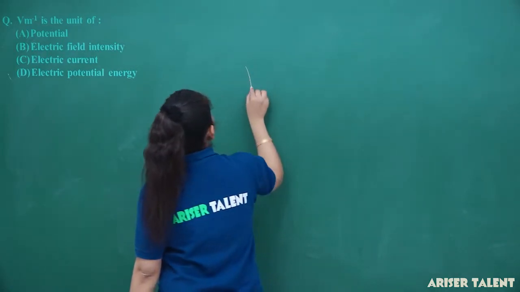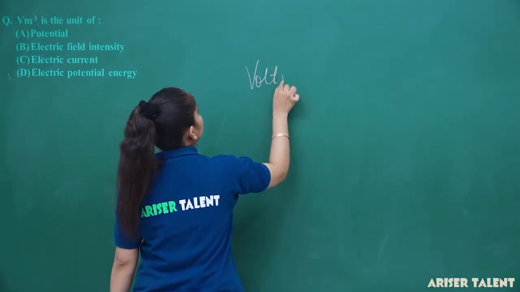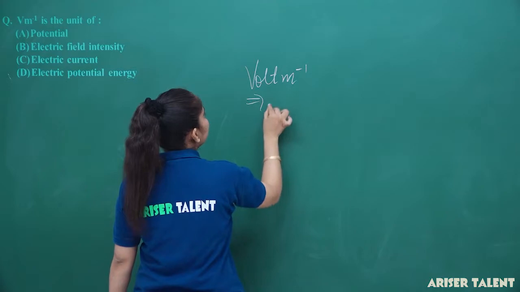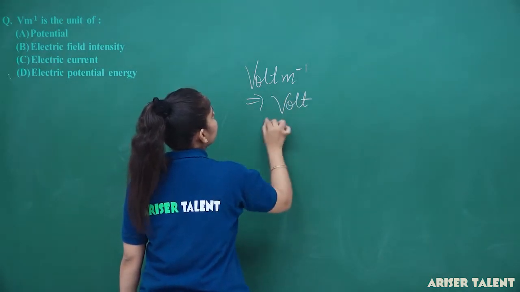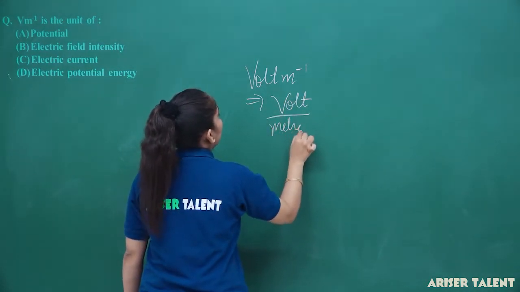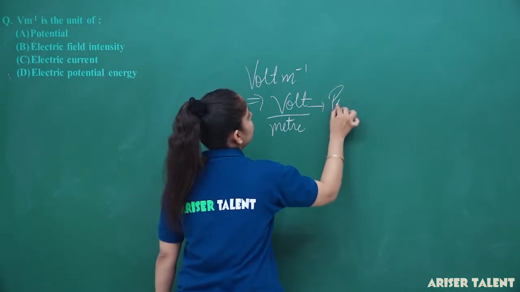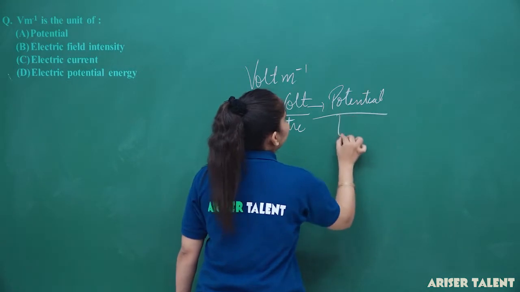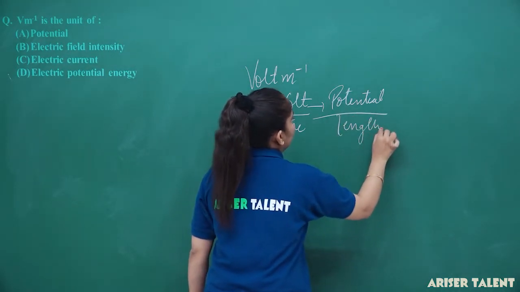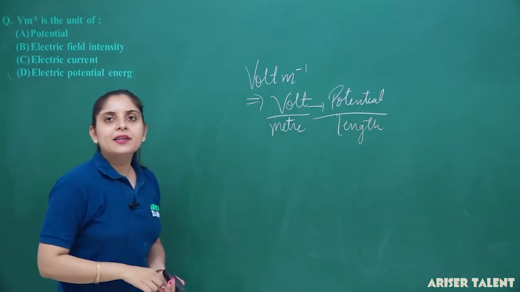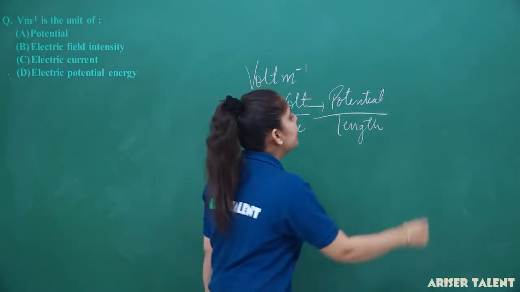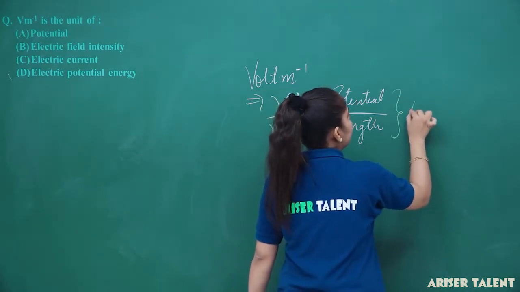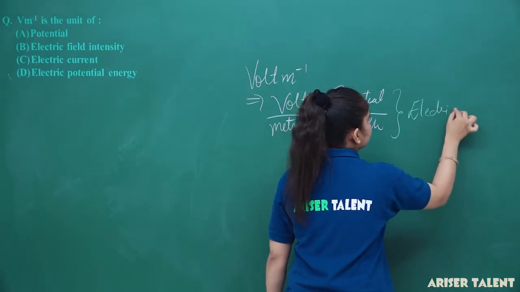You are provided with voltmeter inverse, so I can write it as volt upon meter. Now, the volt will be the unit for potential and meter will be the unit for length, and electric potential per unit length is termed as electric field intensity.